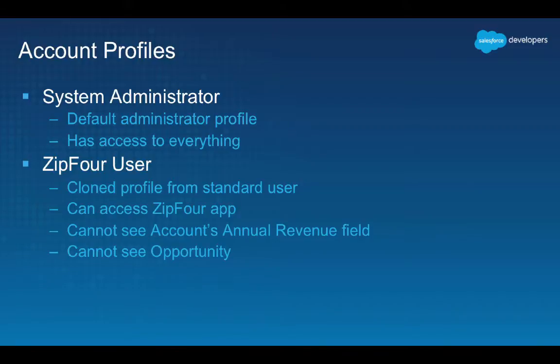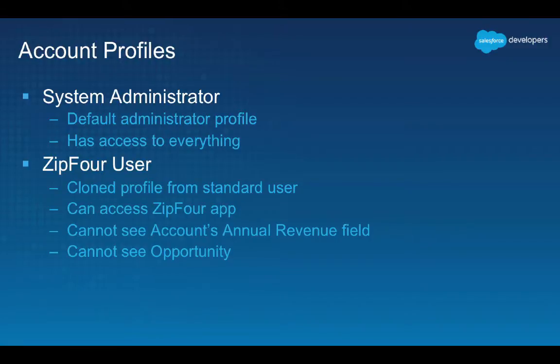For today, we're going to be visiting the ForZip app with 2 different account profiles. First of all, we have the system administrator. This is the default administrator profile and has access to everything. We'll be looking at and also editing the Apex and Visualforce pages with this account. Next up, we have the ForZip user that we'll use to demonstrate vulnerabilities.